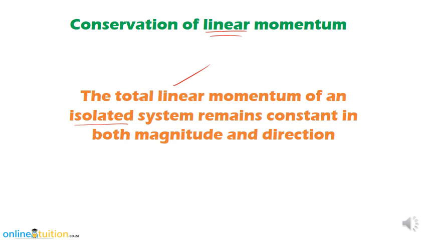So make sure when you are stating a law, state it precisely. The total linear momentum of an isolated system remains constant in both magnitude and direction. And you would have seen, in summary, that the total linear momentum before collision equals the total linear momentum after collision. That's not really a good statement of the conservation of linear momentum. The one that we have here is beautiful.